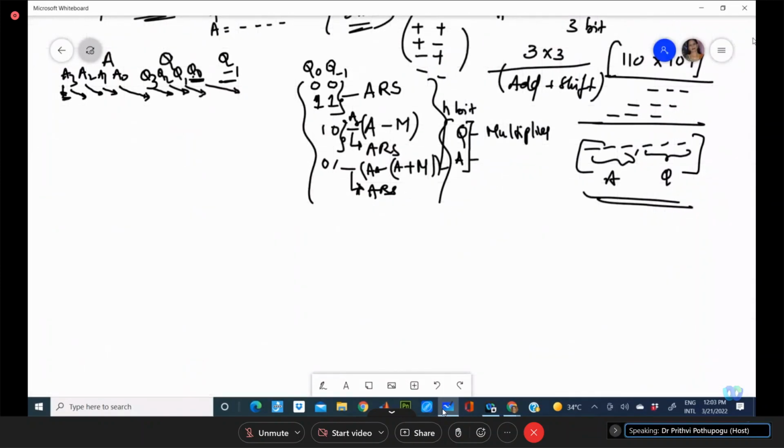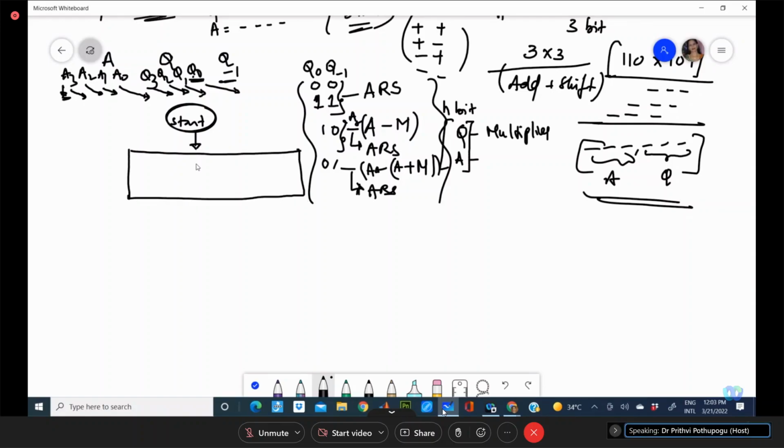Take this here. I'll draw the flow chart here. Something like, at the beginning, you start the iteration. What we need to do is first take the size of A to be all equal to 0, say 4 bits for 4-bit.